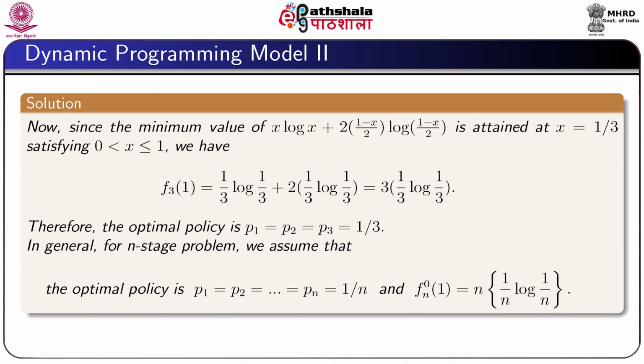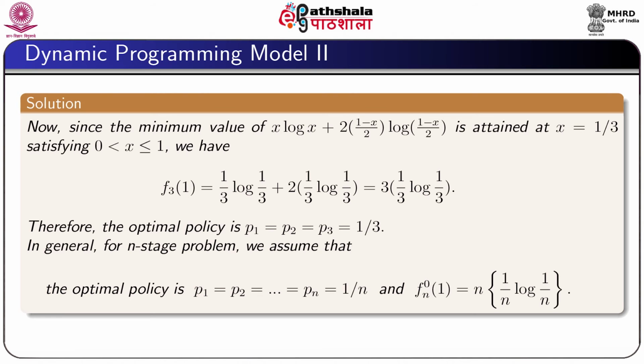Since the minimum value of this is attained at x equal to 1/3, which also satisfies the condition 0 less than x less than or equal to 1, we have f3(1) equal to 3 into 1/3 log 1/3. Therefore, we see that the optimal policy is p1 equal to p2 equal to p3 equal to 1/3.